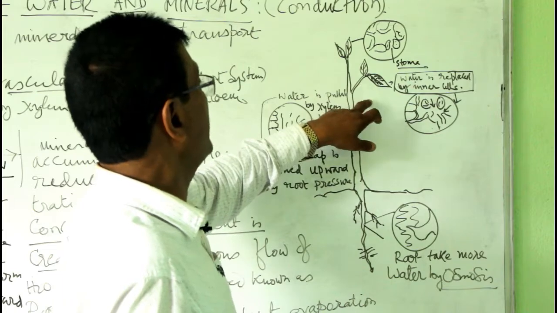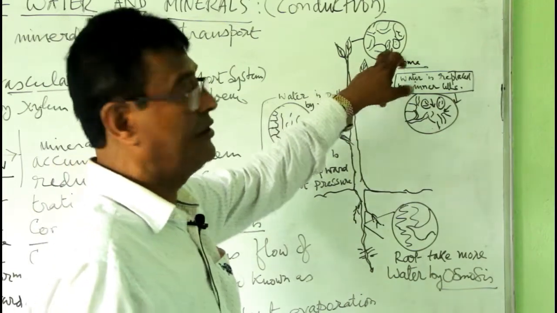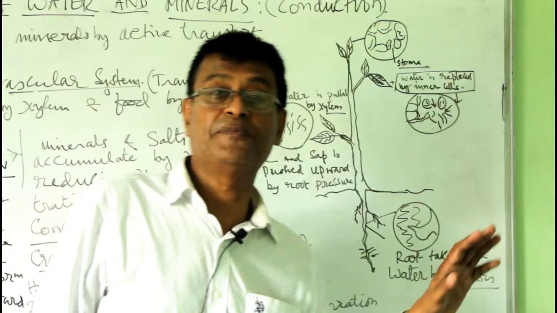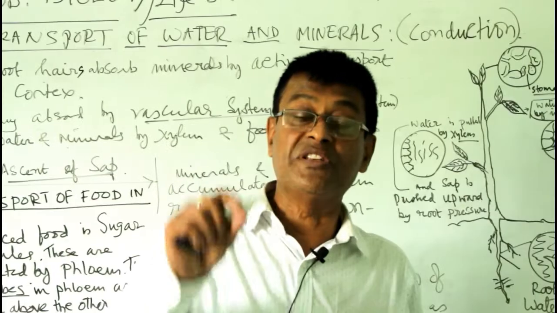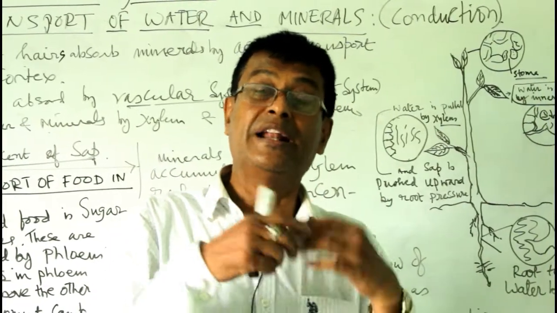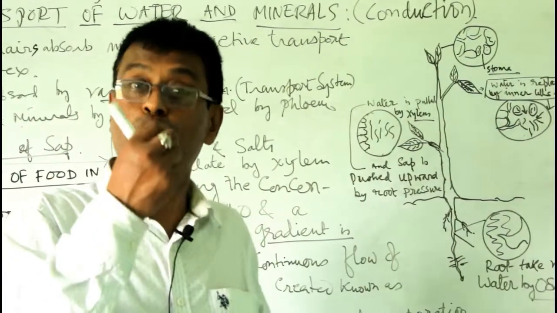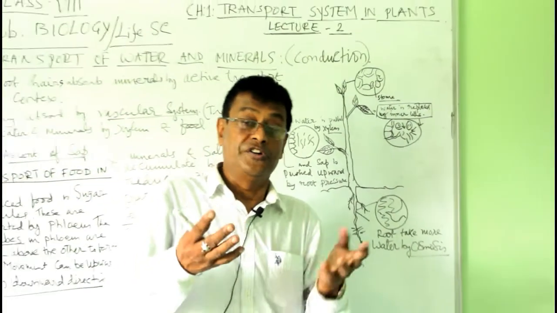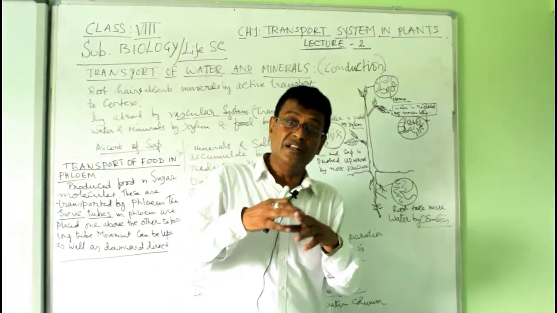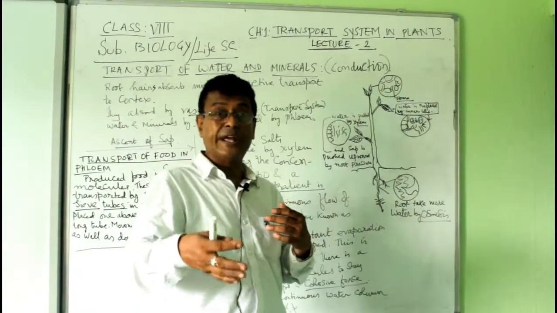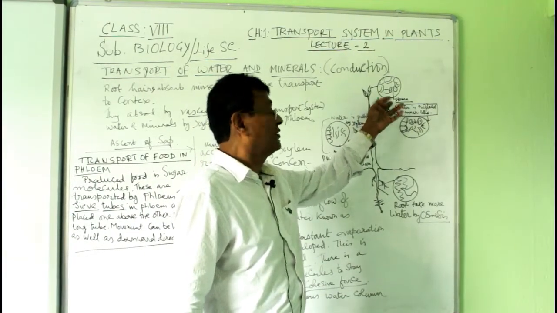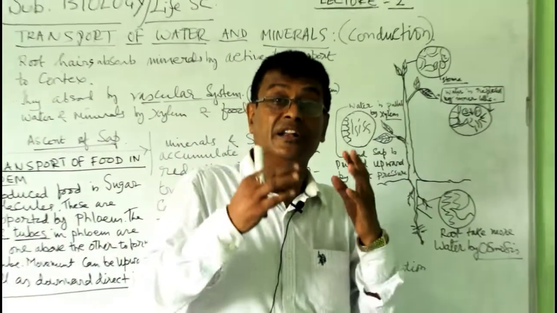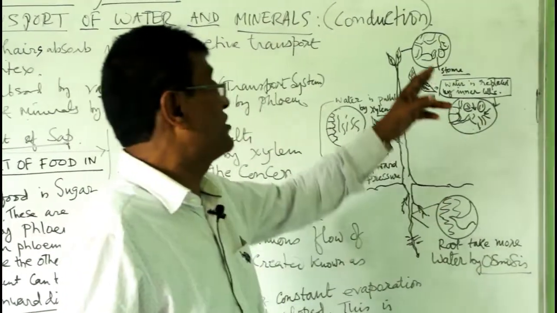And finally, the stomata. The other day I explained, in the lower epidermis there are the stomata, and there are many, that's why in plural they are known as stomata, and they are responsible for taking in carbon dioxide and leaving oxygen into the air, and they are leaving the water by transpiration.